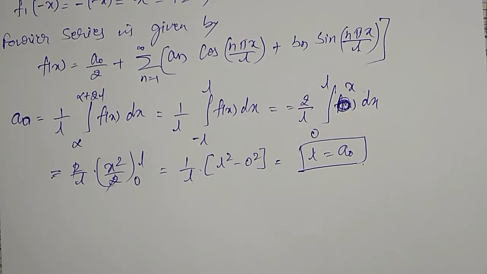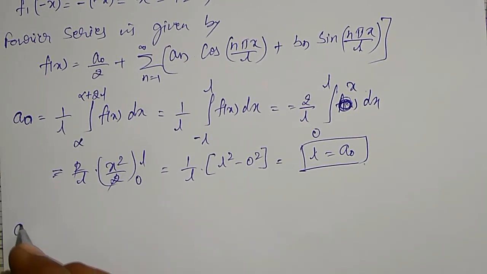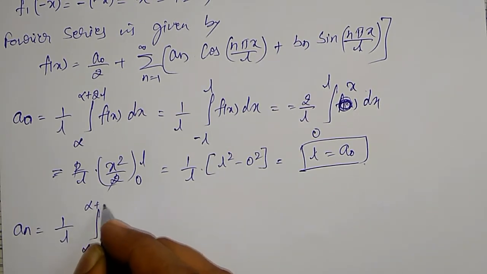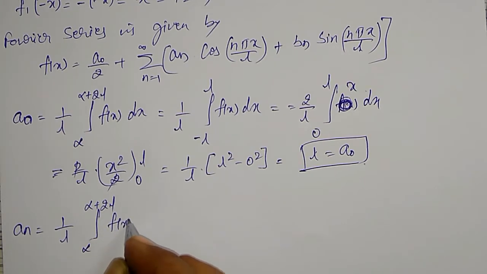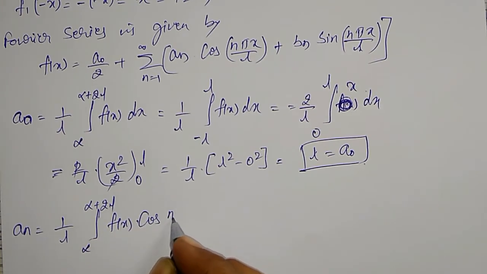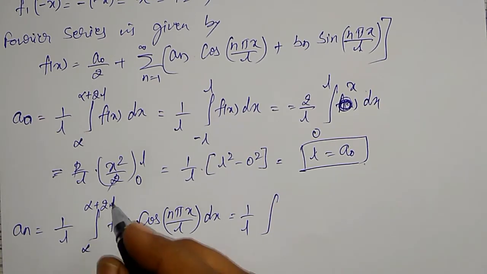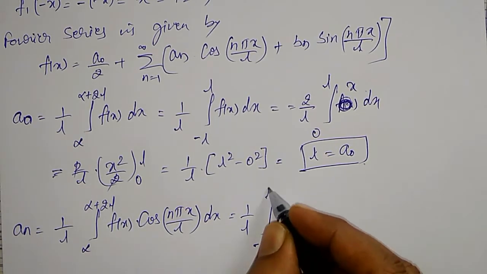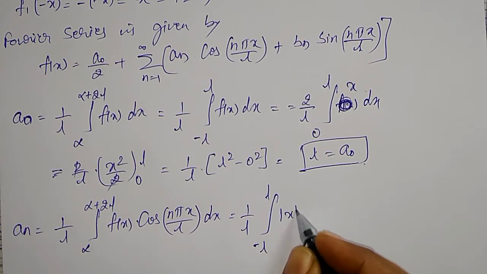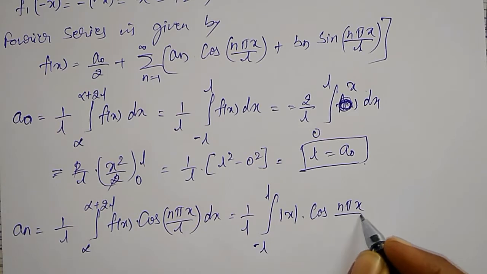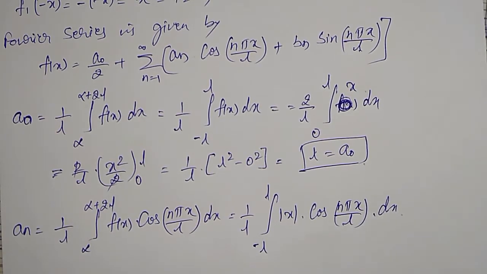Like that, I have to check whether I am getting an or not. an is equal to 1 by L integration from alpha to alpha plus 2L of f of x into cos n pi x by L dx. Substitute the values: 1 by L is the same, and alpha to alpha plus 2L becomes minus L to plus L. f of x is mod x into cos n pi x by L, as it is, into dx.